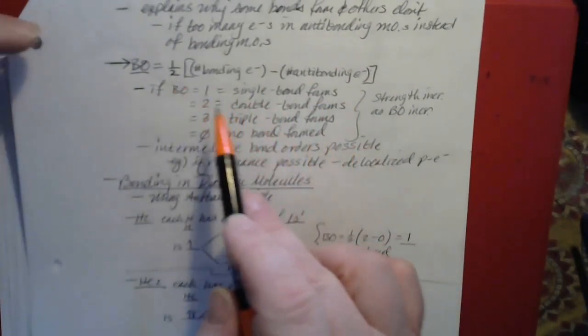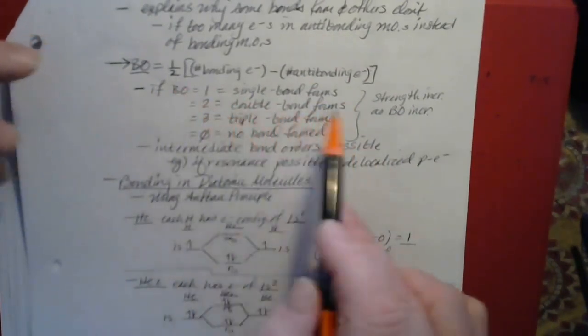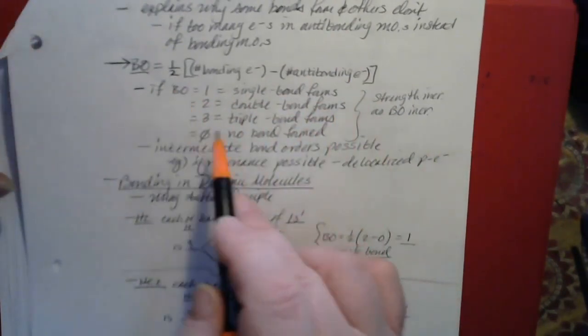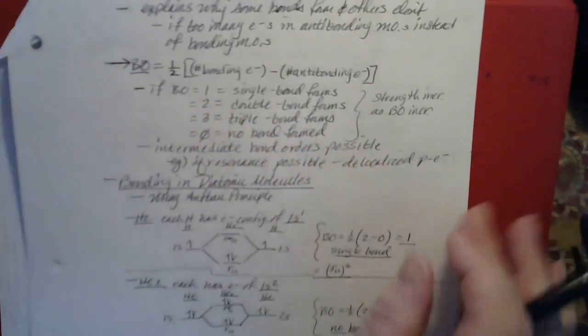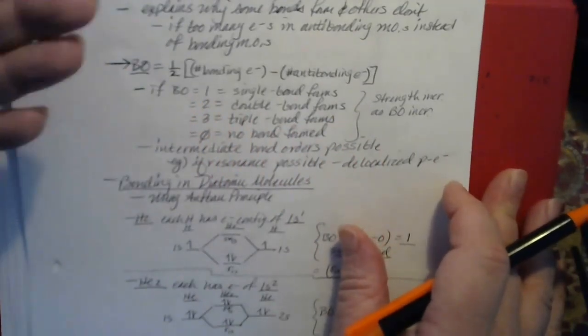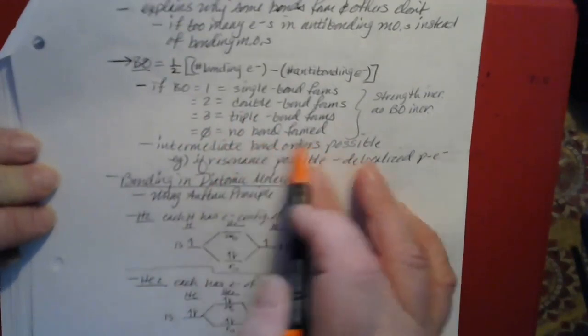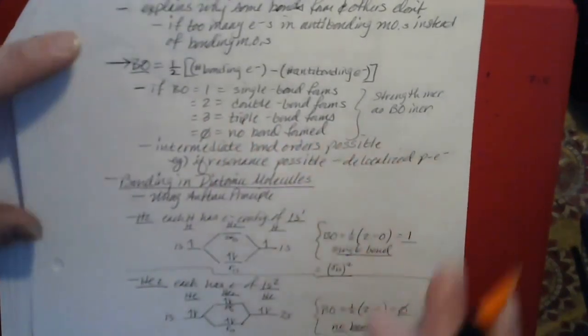If the bond order ends up being 2, the bond forms and it's a double bond. If the bond order is 3, the bond forms and it's a triple bond. If the bond order is 0, which you would get if you have an equal number of anti-bonding and bonding electrons, that means the bond does not form.